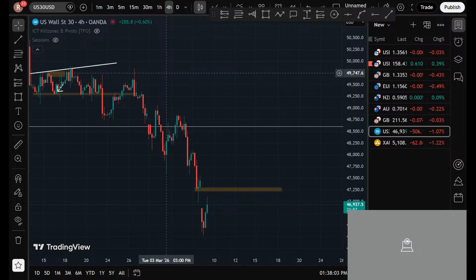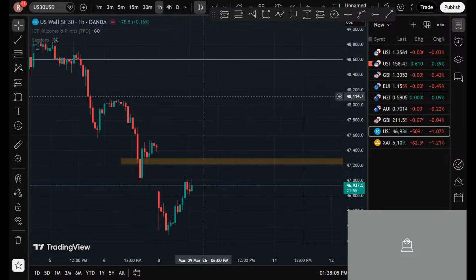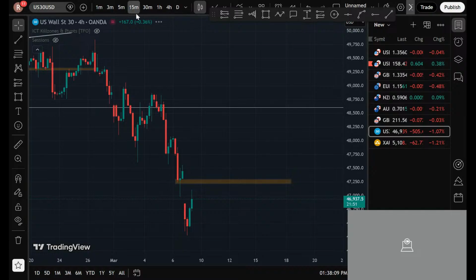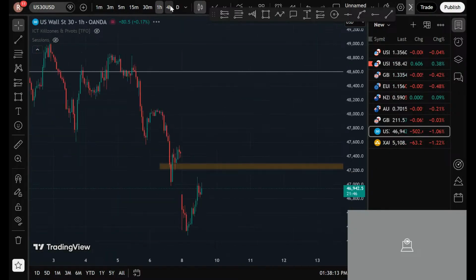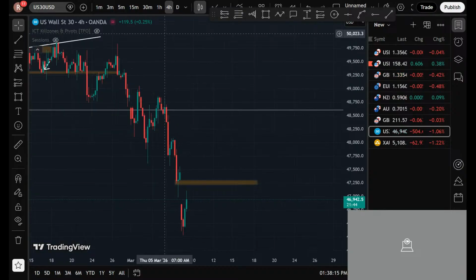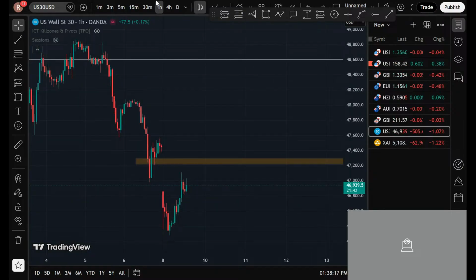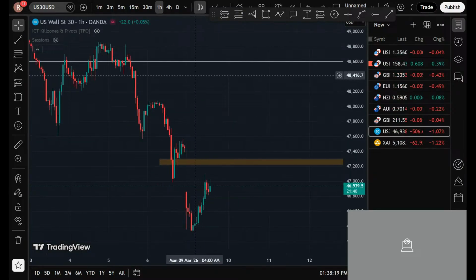US 30. Honestly, bro, US 30 looks so good to sell for me from the order flows above here, but it does not fall under my trading time. So I just have to be cautious on this.